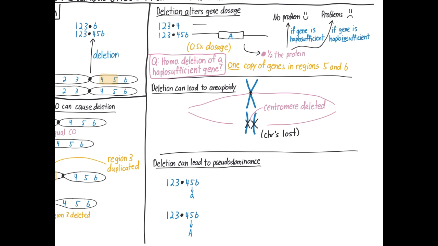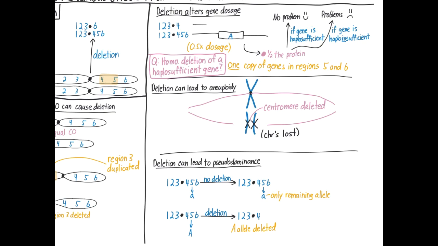Initially, this cell will have whatever phenotype big A confers because it's dominant. But if regions 5 and 6 are deleted from the bottom chromosome, but not the top chromosome, the big A allele is lost, and the small a allele is the only allele of this gene left.